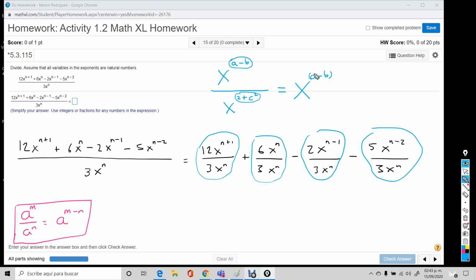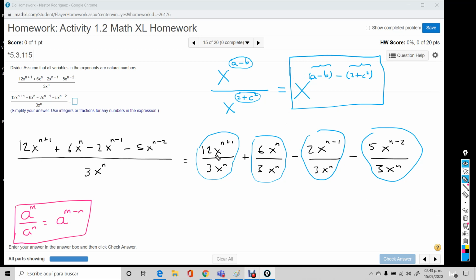This is all the first exponent minus the whole second exponent, which is all of this. And I need to put that in parentheses too. You see? X raised to the first exponent minus the second exponent in here. And we are done, guys. This is your solution. There is no mystery about it.